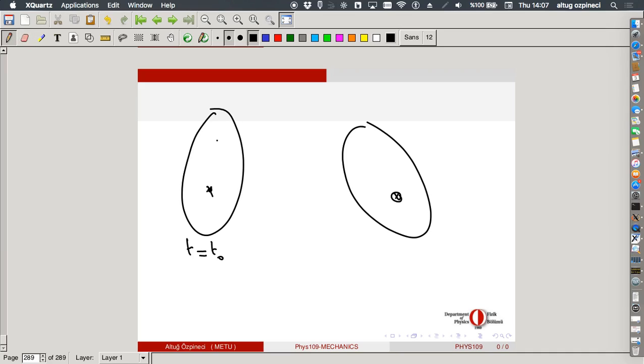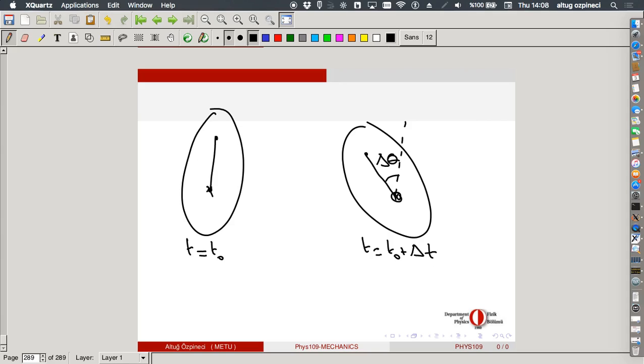Now we can choose some reference point to specify how much it rotated. So let's say this was the initial line. Now that point is somewhere over here. This is after some time, t is equal to t0 plus delta t. This is delta theta.